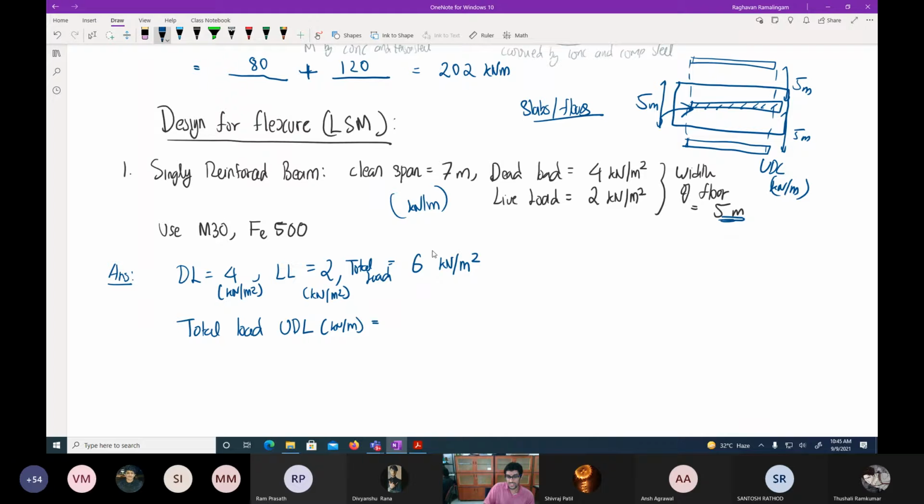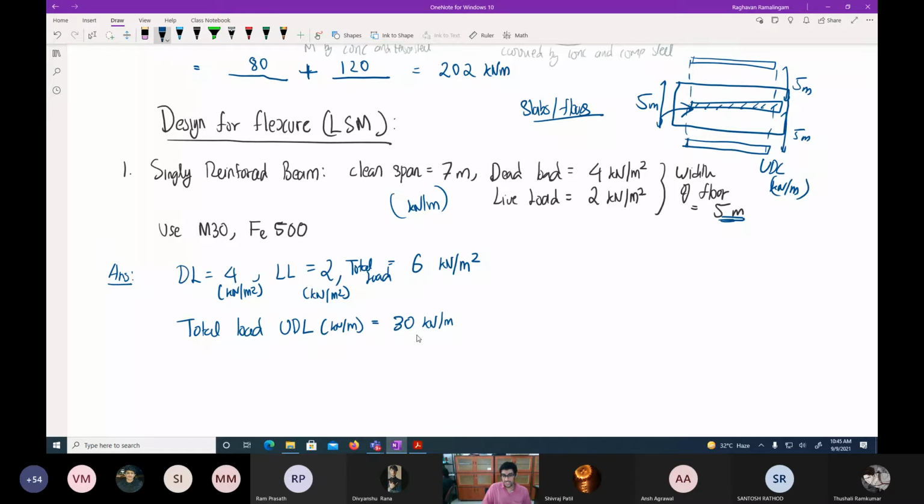When I convert this 6 kilonewton per meter square to UDL, the width over which it acts is 5 meters. How much kilonewton per meter? 30. Okay, so this is the load which is given to me.